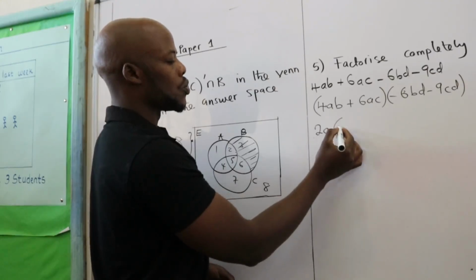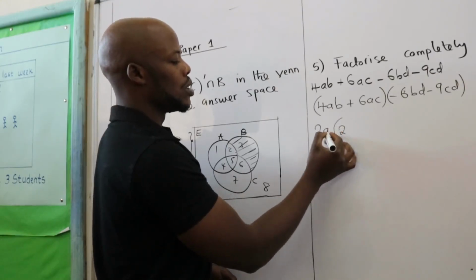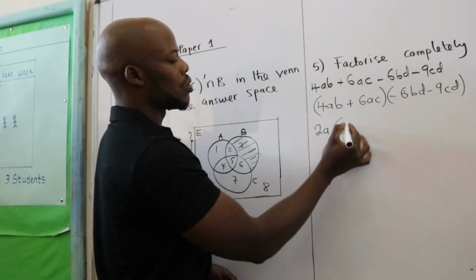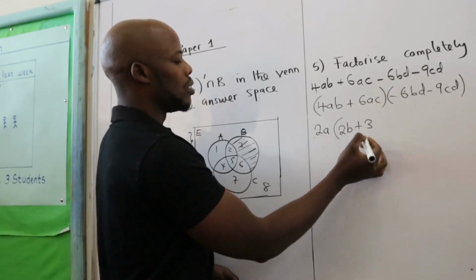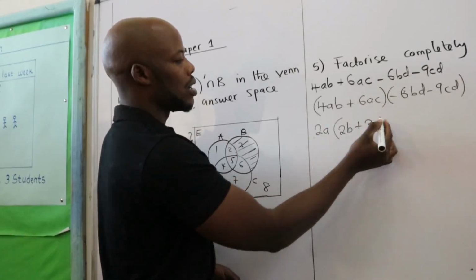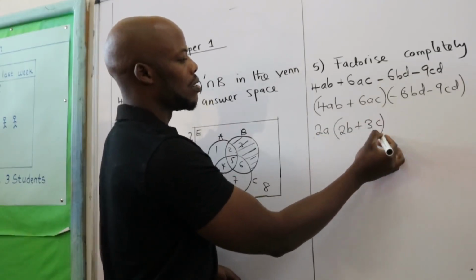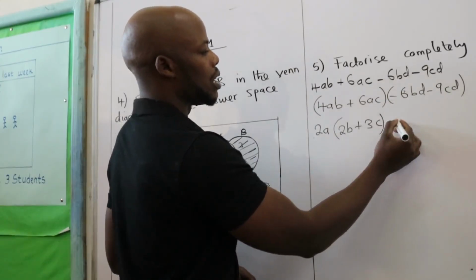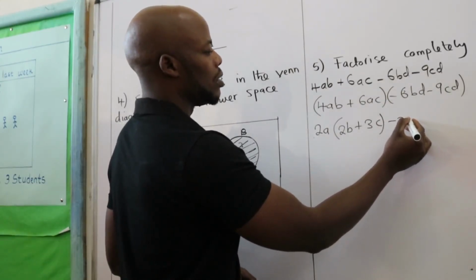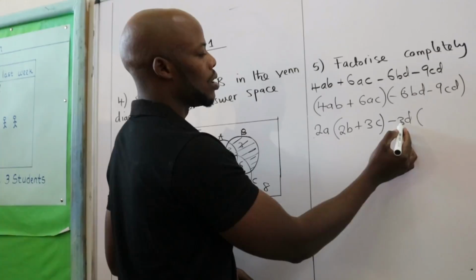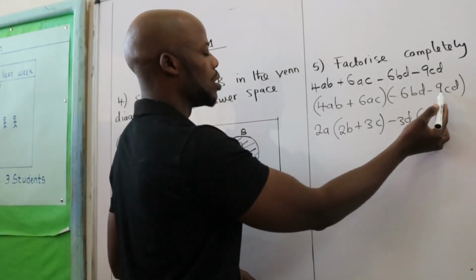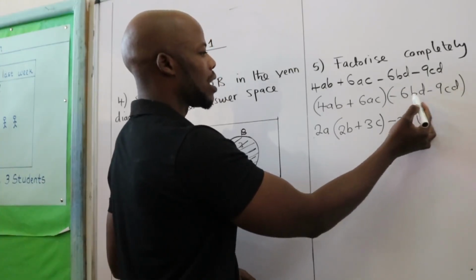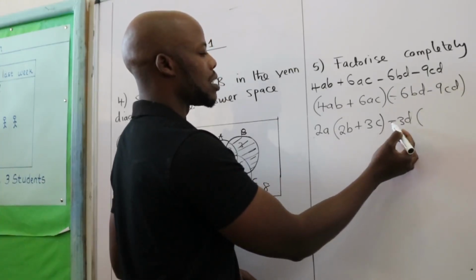So 2 into 4 is 2, and then A and A will cancel, remain with B. Into 6 is 3, A and A will cancel, will remain with C. Over here, negative 3D is common, because negative 3 can go into 6 and also into 9, and D is found here, so we factor it out.